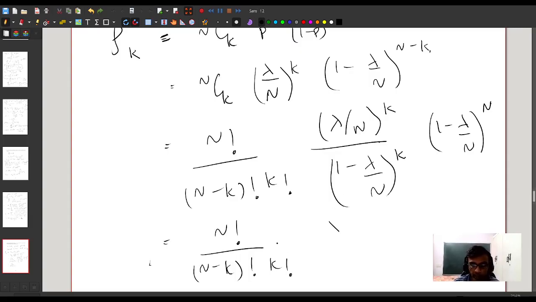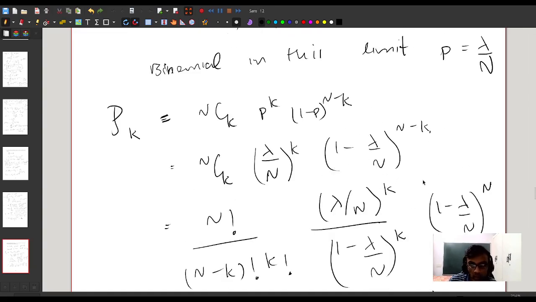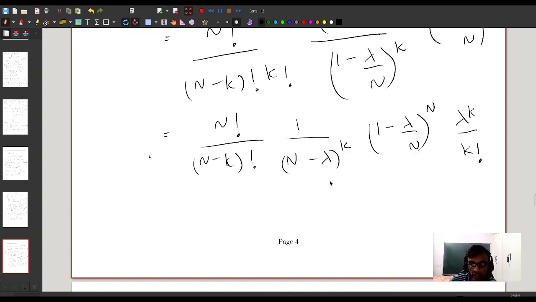This is lambda to the k. So far we have done nothing actually, just rewritten this expression in this fashion to separate out the terms which depend on n.